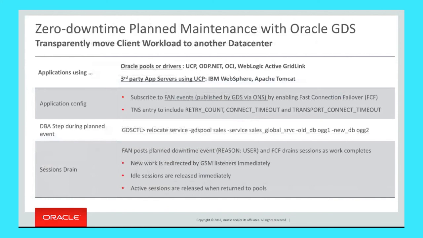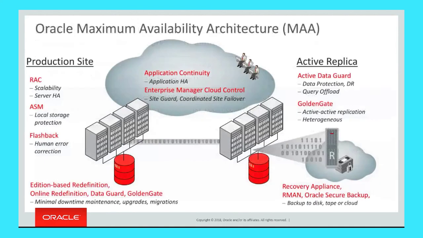And the active sessions, let's say these are OLTP sessions, those will be released when they are completed and committed, and then they come back to the pool. That's when they are relinquished. Right? So this happens gracefully as part of the relocate command. Right? So that's how GDS mitigates the downtime both for planned and unplanned events.